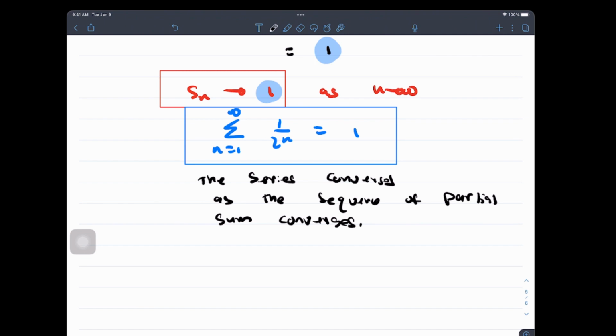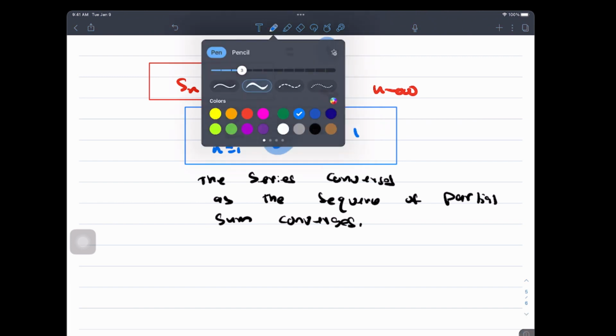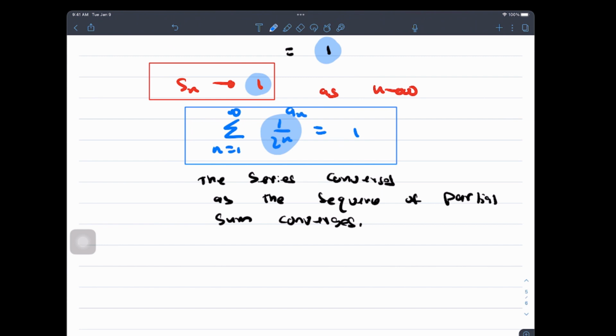That sum is 1. That's the difference between a sequence and a series. Now we're adding the terms forever, and we're trying to see if the sequence of partial sums converges. If it does, the series converges. If it doesn't, the series diverges.